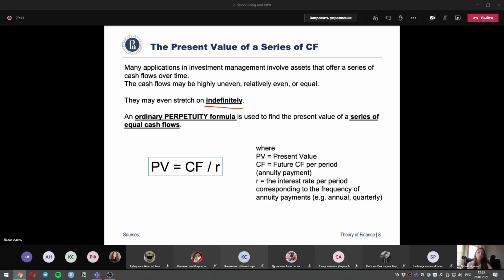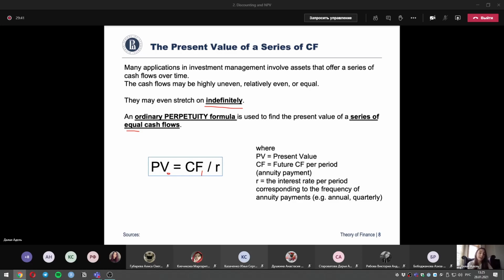So these cash flows are perpetual. They will provide us cash flows forever. In order to calculate a series of equal cash flows over perpetuity, provided forever, we use the ordinary perpetuity formula, and the assumption stays the same. So we divide our annuity payment directly by the interest rate.